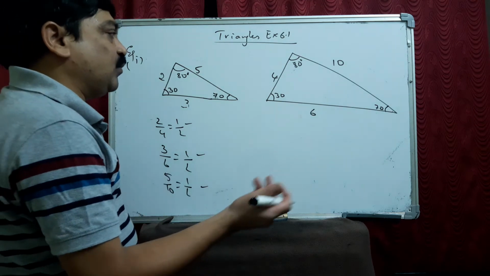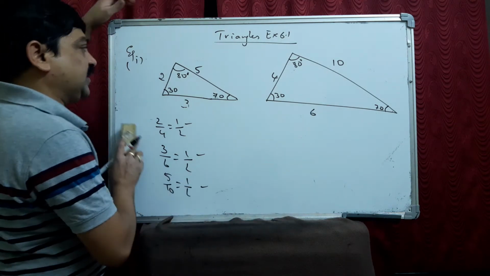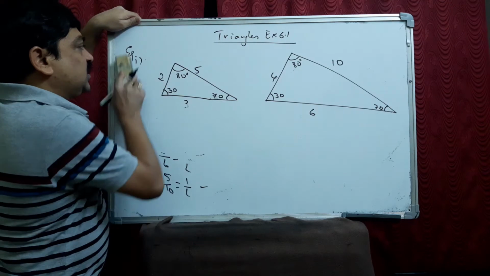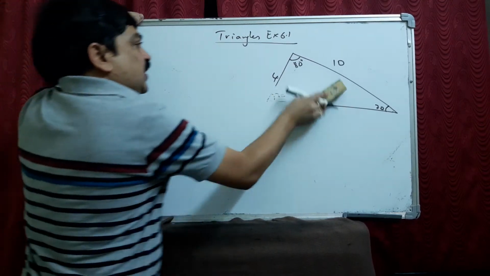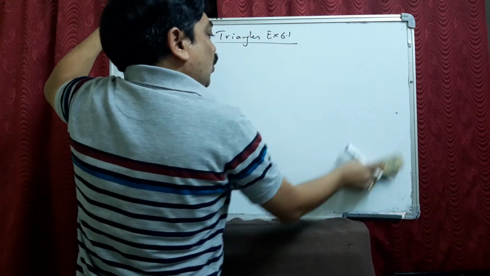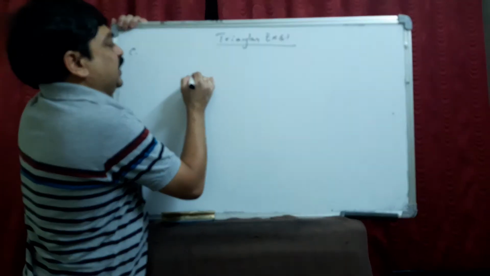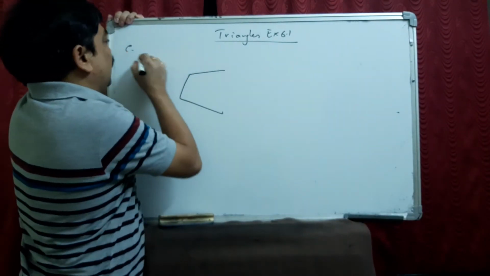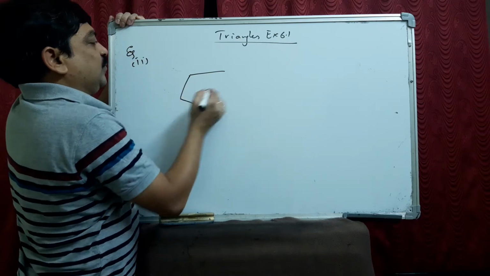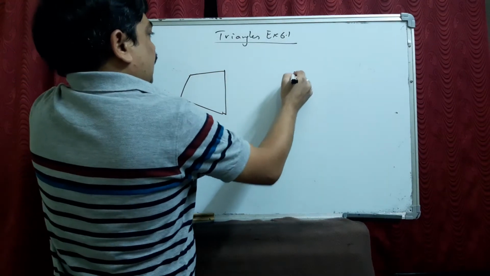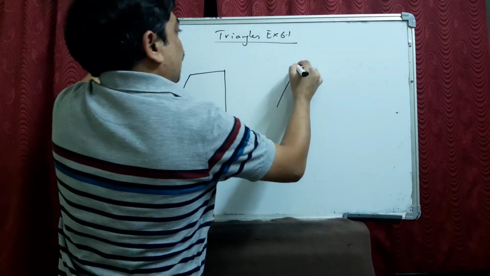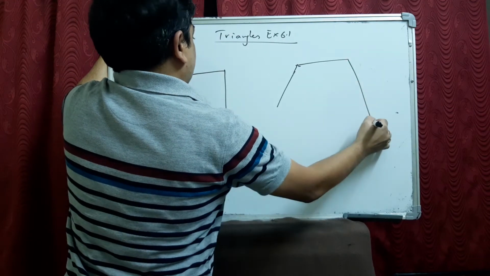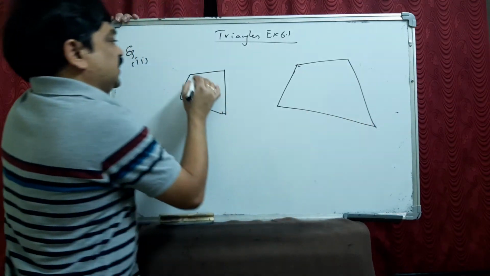Okay. Next, one more example. Shall we take the example of a square or rectangle? Let us take any quadrilateral. Okay, so I take a quadrilateral like this. Example 2. Just take a bigger size.